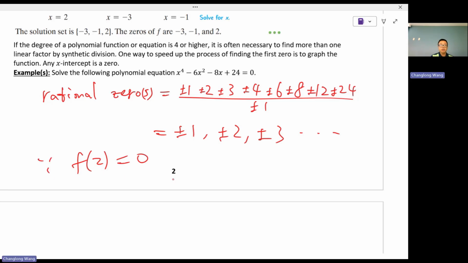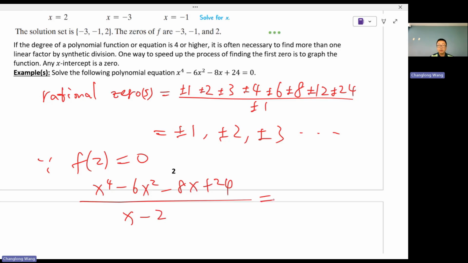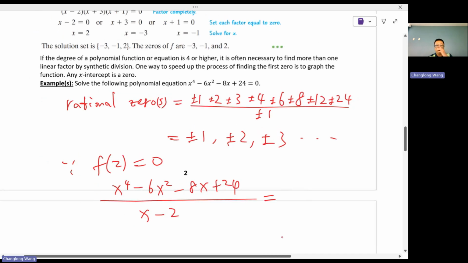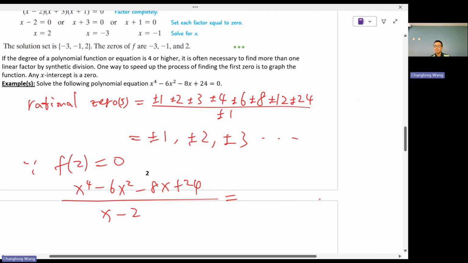So now guess what? The original polynomial, x to the 4th minus 6x squared minus 8x plus 24, must be divisible by a factor of x minus 2, right? But you need to figure out what will be the quotient. I see how quick you guys are in synthetic division, right?